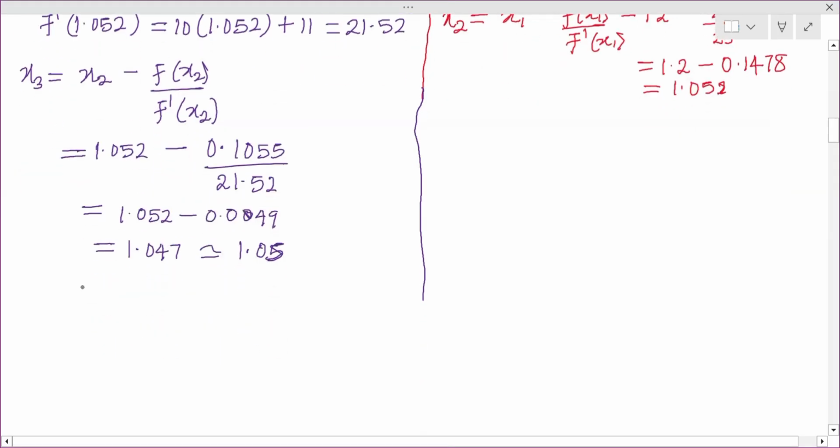So as you can see, here my x2 is equal to 1.05 and my x3 is equal to 1.05. If you take the degree of accuracy, which is three significant figures, you have the same value, while your x1, the first guess, was 1.2.